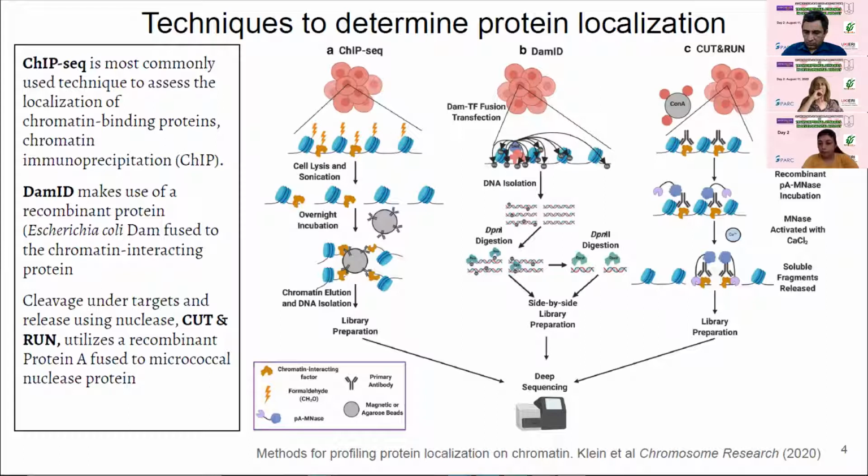So after this, when you get the DNA and you digest it with another enzyme, that is DPN1. So DPN1 cuts the DNA, it digests the DNA wherever the DNA is not methylated. So you would get 2 types of sites in this step: the ones that have the adenines methylated and are bound by the transcription factor, and the ones that do not have the adenines methylated.